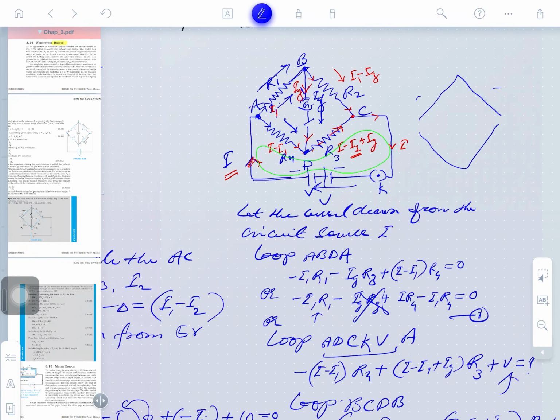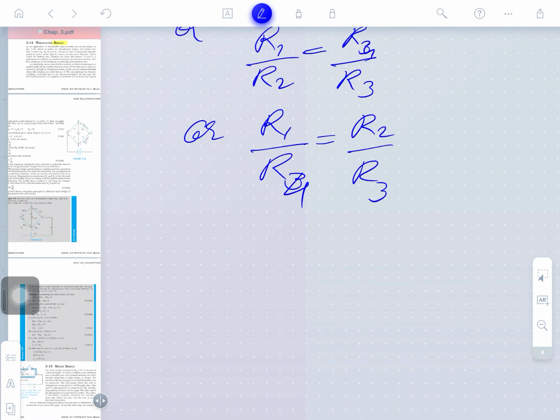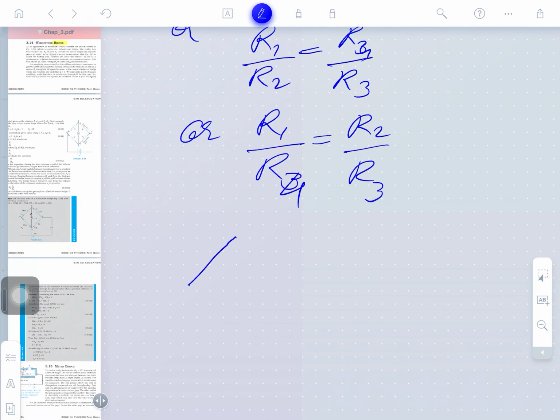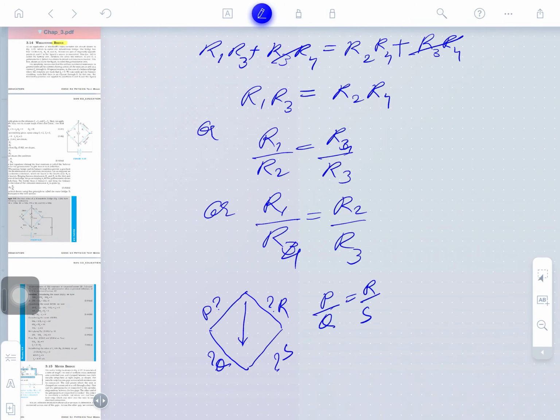So finally the conclusion is: for the 4 resistors, if no current through this line is there, then this resistance upon this is equal to this upon this. We can call them P, Q, R and S. So finally P by Q is equal to R by S. We could also suppose P, Q, R, S, but I just tried the new way, R1, R2.